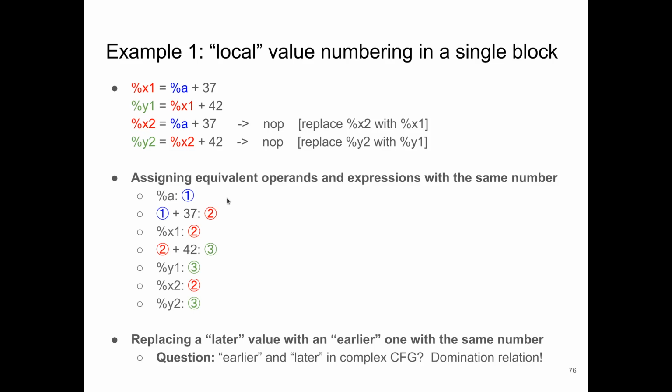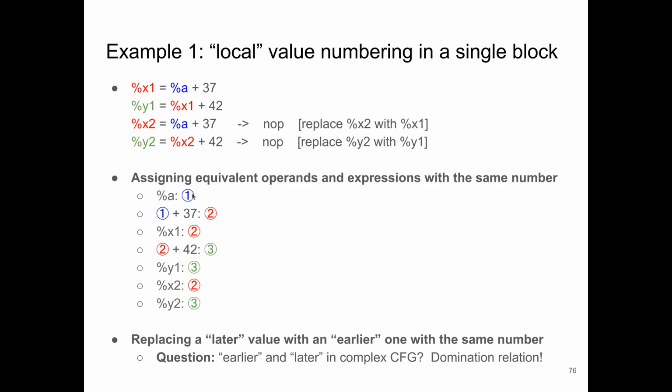So as I said, we are going to assign the same number to equivalent computations. So here are the colors, and the numbers are basically unique numbers. At the beginning, we are going to give a the number 1.